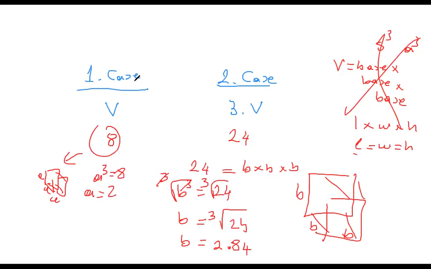So in the first case, the length of one side was 2. In the new case 2.88, minus the old case 2, divided by 2, times 100 gives us the percentage change. When we simplify this, it will be 0.44 times 100, which is 44.